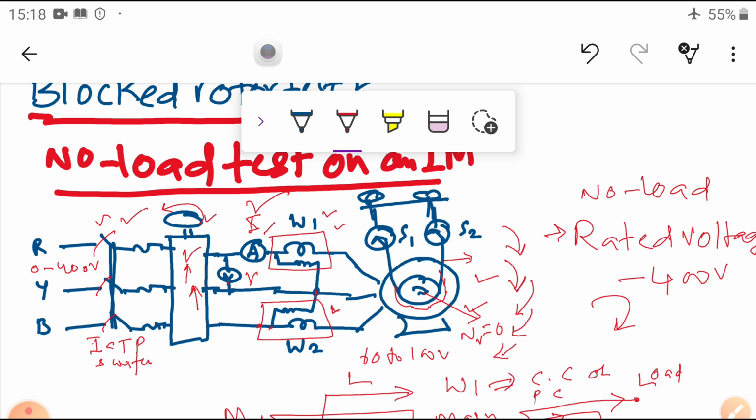Okay, here W1 and W2 are the two wattmeters connected to the motor terminals. So this is the connection diagram of the induction motor. Here S1 and S2 are the two spring balances. You have to initially keep it as a no tension case. Okay, so you have to remember this.